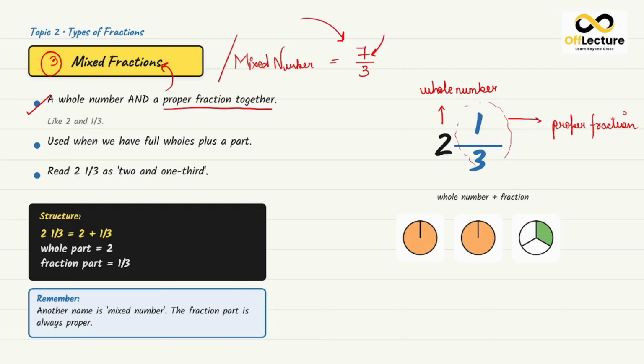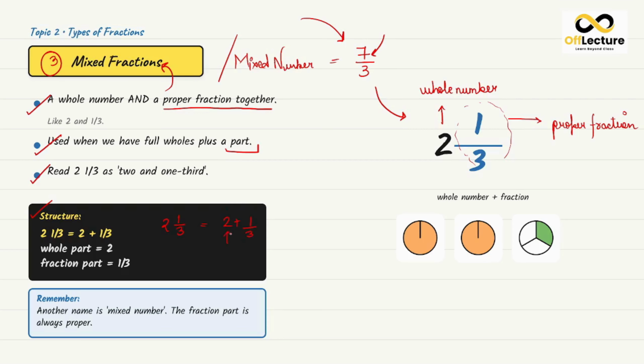So how can we write this improper fraction as a mixed fraction? 2 plus 1 by 3. It means that we have two wholes plus a tiny, smaller part, and we will read it as 2 and 1 by 3. The structure is very simple. 2 1 by 3 is nothing but equal to 2 plus 1 by 3.